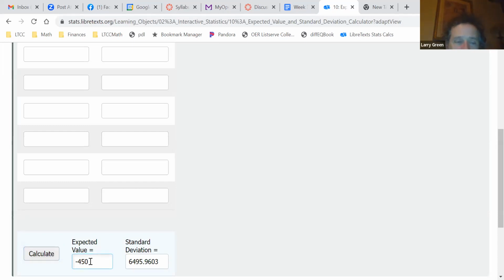So the expected value of negative 450, do you think this is a good buy when it comes to what the expected value is telling you? You're only going to buy life insurance the one time, right? You can't do thousands of life insurances.